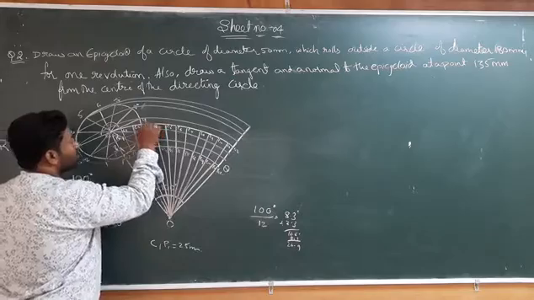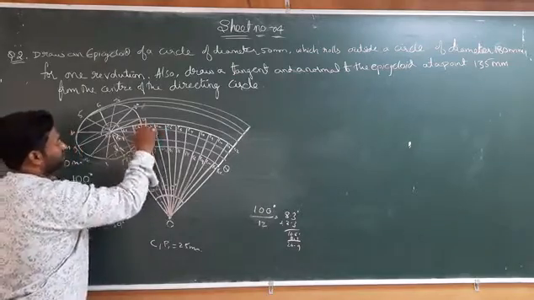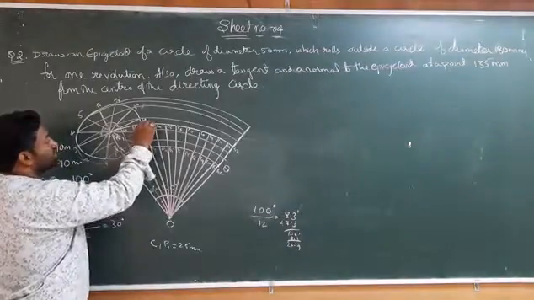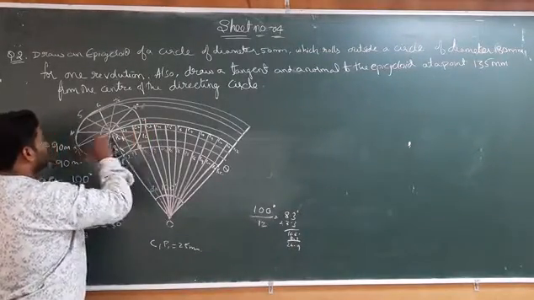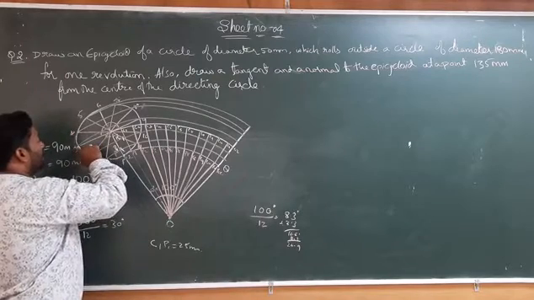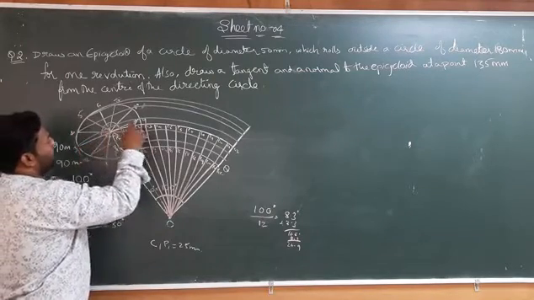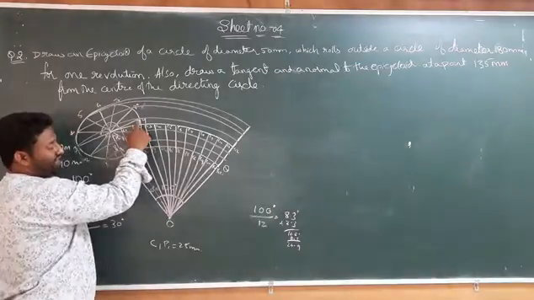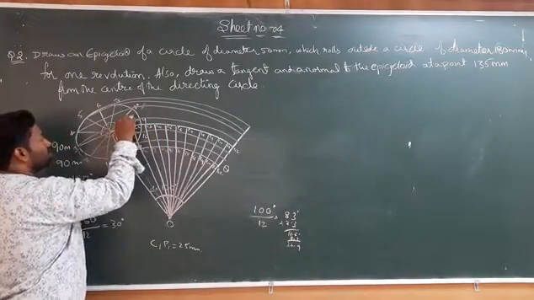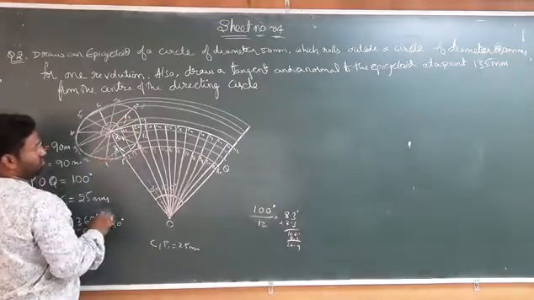For the third center point, I am taking the radius from C3 to P3 as 25 mm. But instead of the center, I have to cut the point. I have to cut the arc on the arc which is starting from the 3 and passing from the point 9. So from 3 to this one, it will become approximately here. This is my point P3.